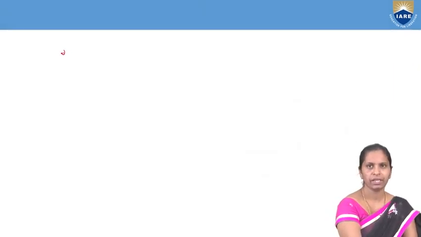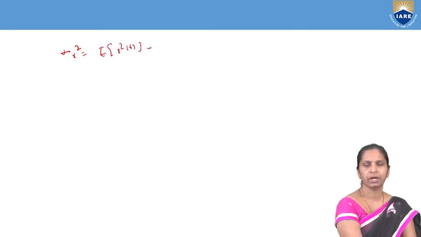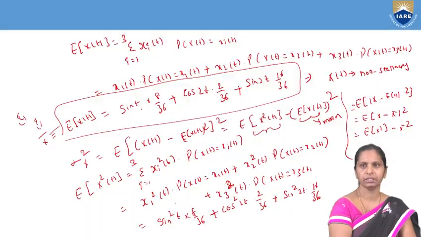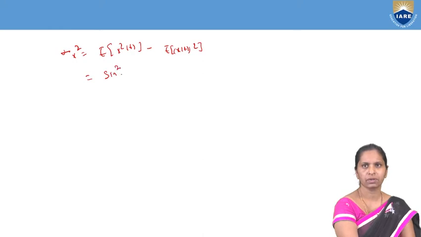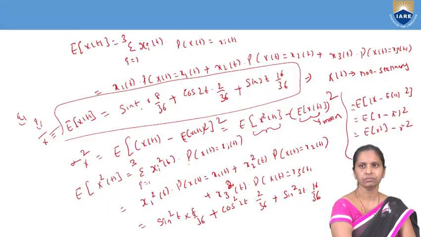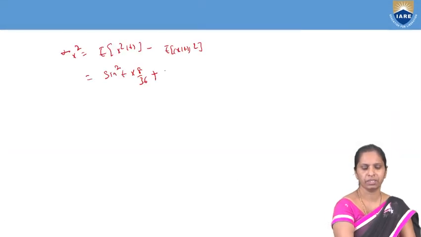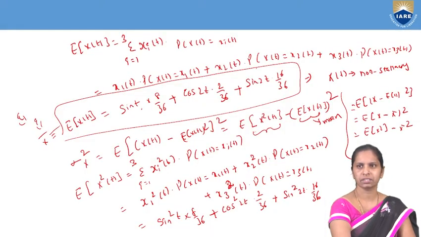Then what is the variance? Sigma x square is equal to E of x square of t minus E of x of t whole square. Then what is E of x square of t? I have calculated here: sin square t into 8 by 36, plus cos square 2t into 2 by 36, plus sin square 2t into 16 by 36.